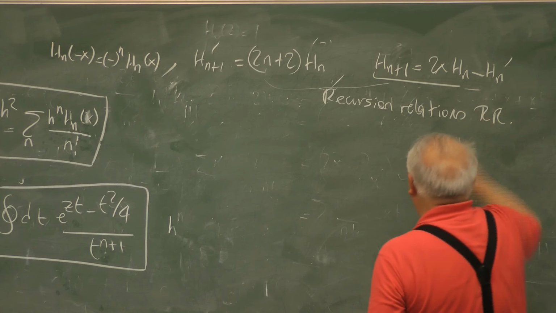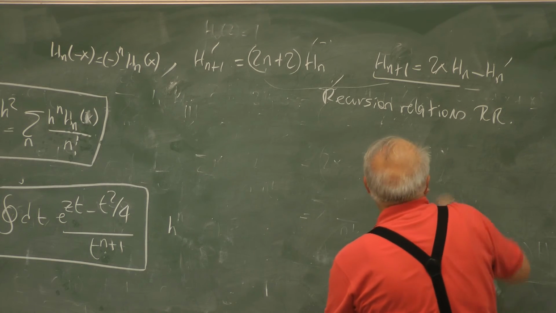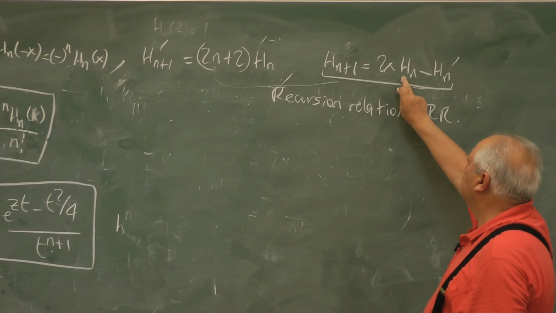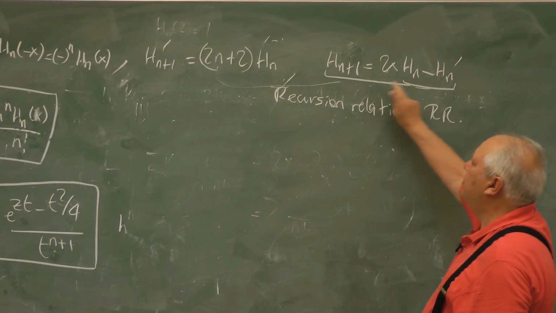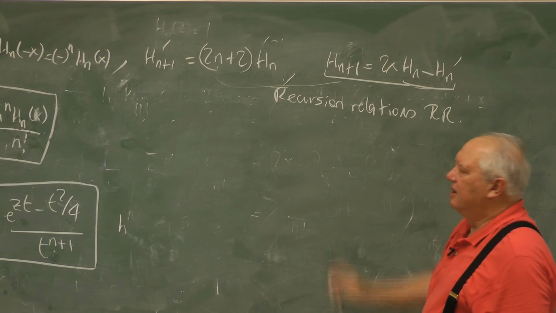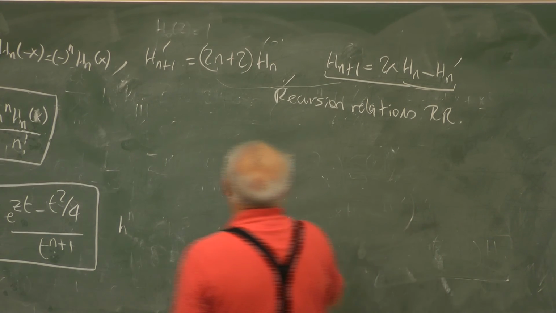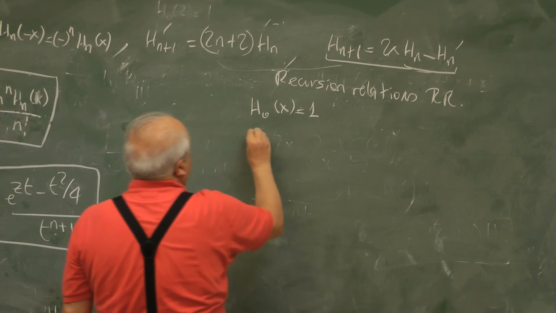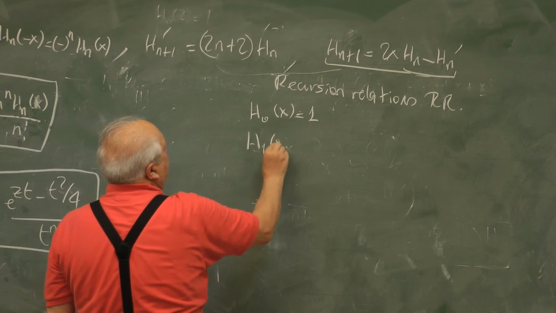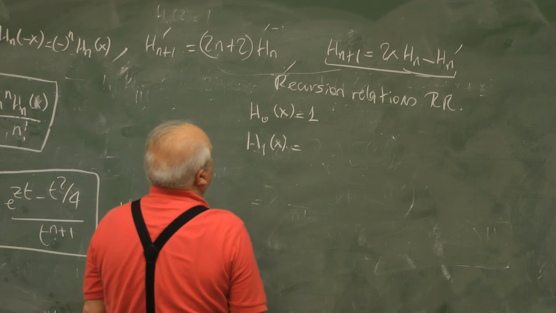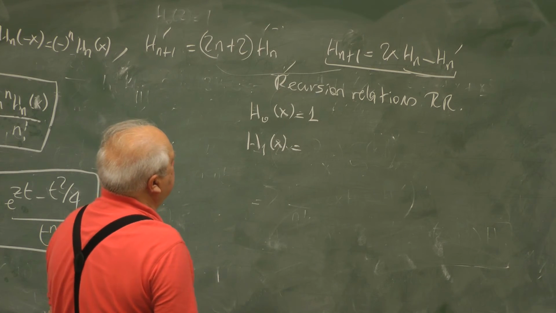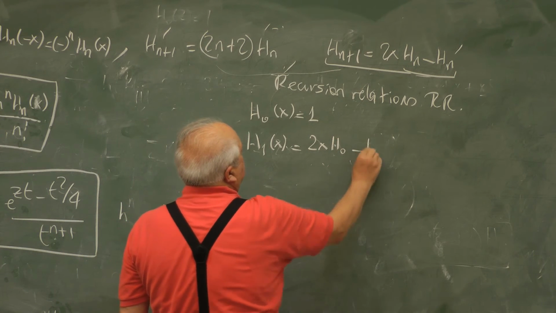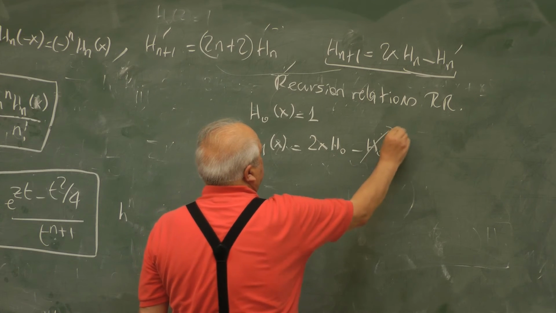For example, let us take this one. It says that if you know Hn, then you know its derivative, and you can construct H n plus 1. Let us do a few simple ones. H0 of x is equal to 1. Therefore, H1 of x is equal to 2x H0 minus H0 prime, the derivative, that's 0.